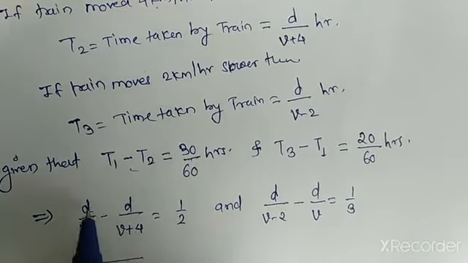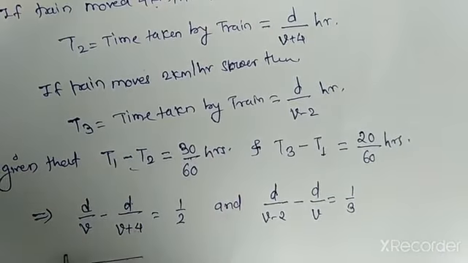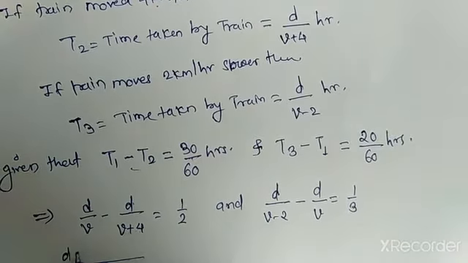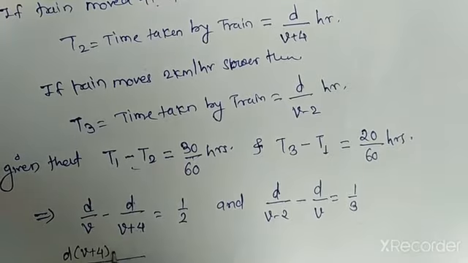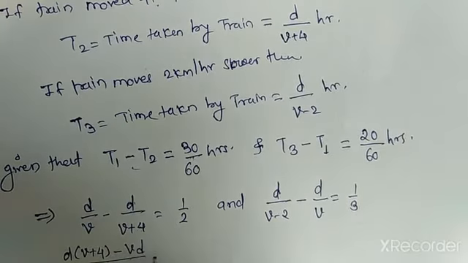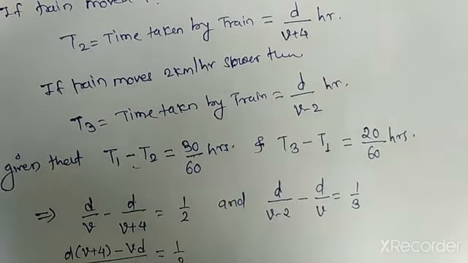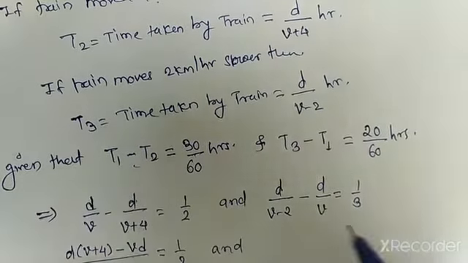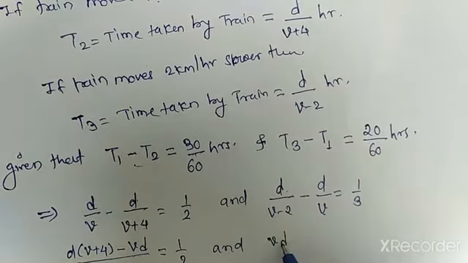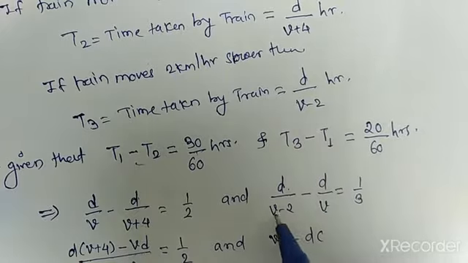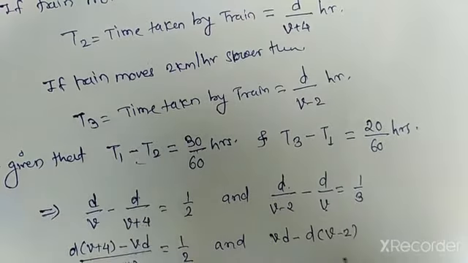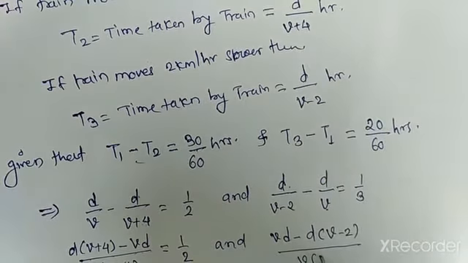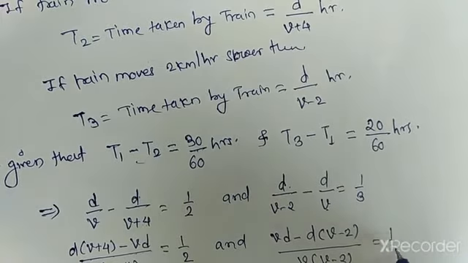Okay, and you have to make cross multiplication, so it will be d into v plus 4 minus v into d is equal to 1/2. Similarly on this, v into d minus d into v minus 2 divided by v into v minus 2 is equal to 1/3.